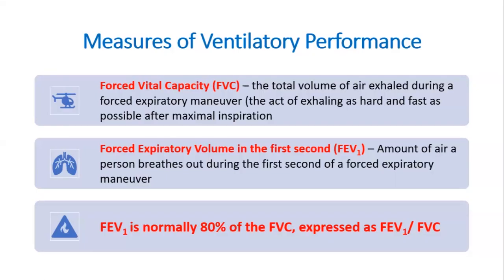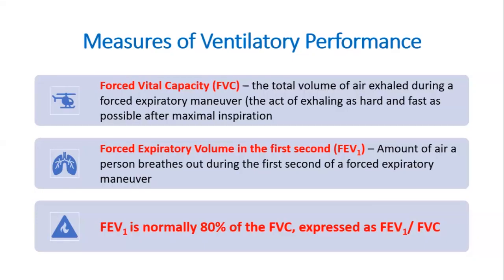And then there's the forced expiratory volume in the first second, or what we call the FEV1. And it's the amount of air a person breathes out during the first second of a forced expiratory maneuver. So when we breathe out, the air that is expelled during the first second is called the FEV1.